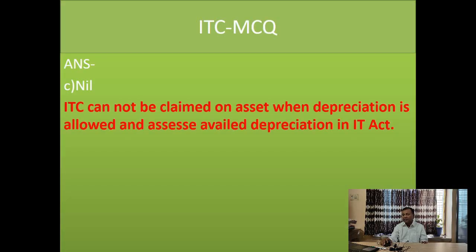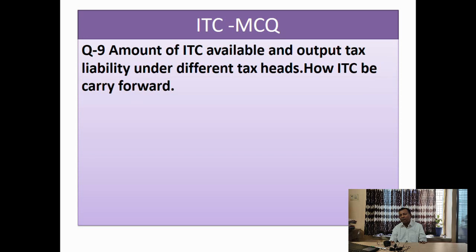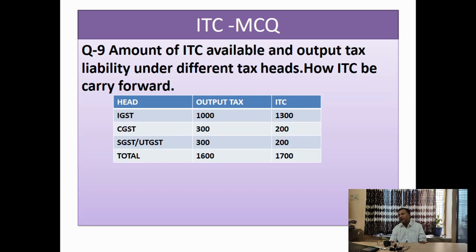Friends, the next question is about the amount of ITC available and output tax liability under different heads. How can ITC be carried forward? In the question, the output tax of IGST is 1000, ITC is 1300 for IGST.